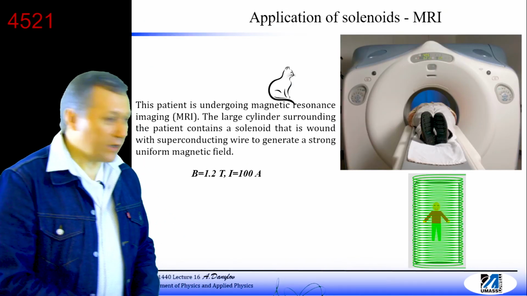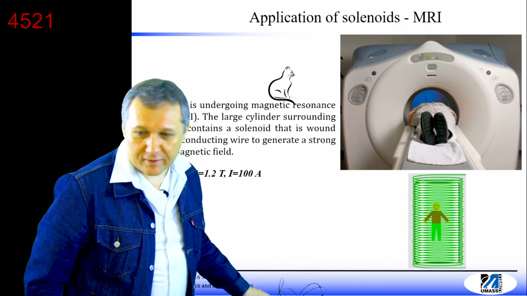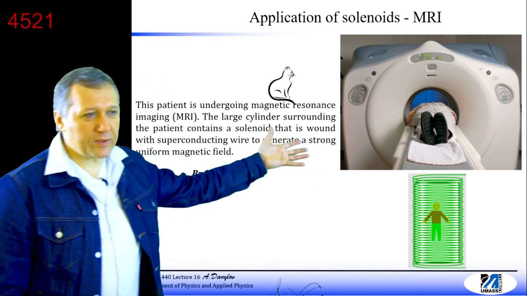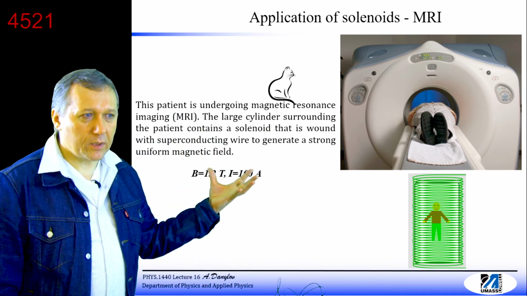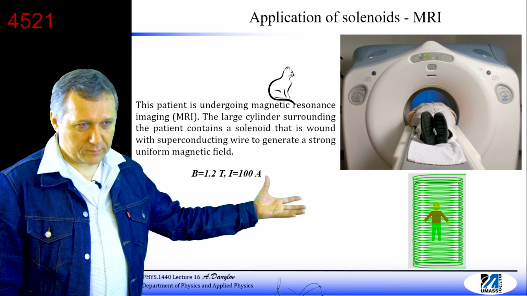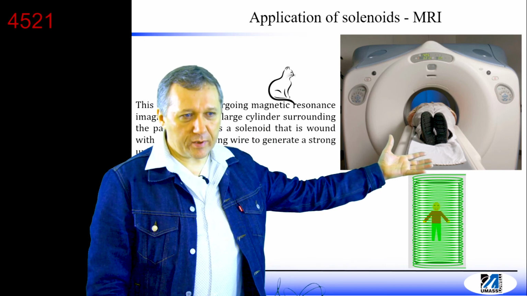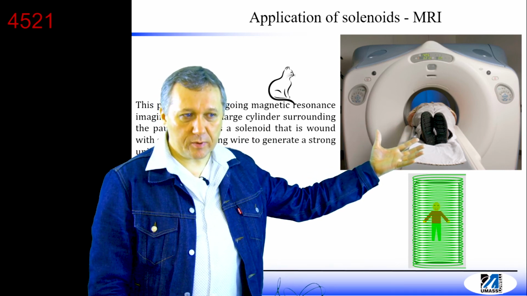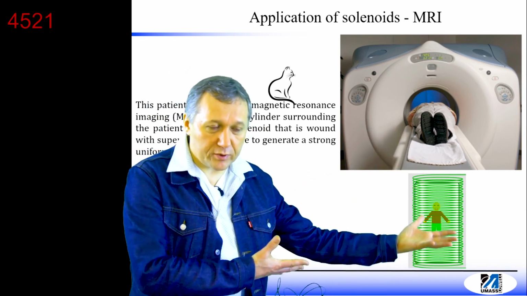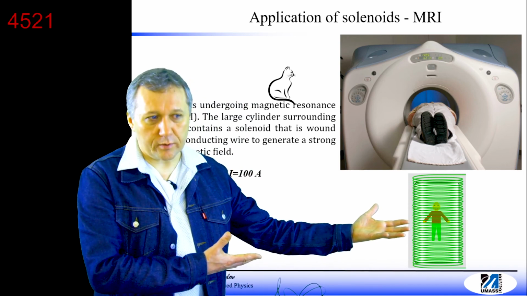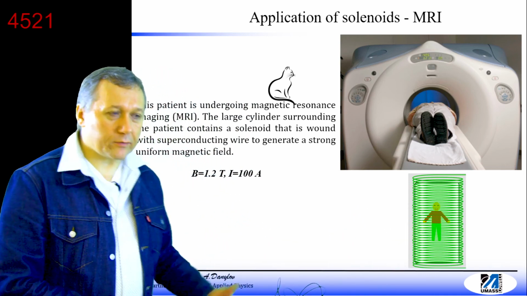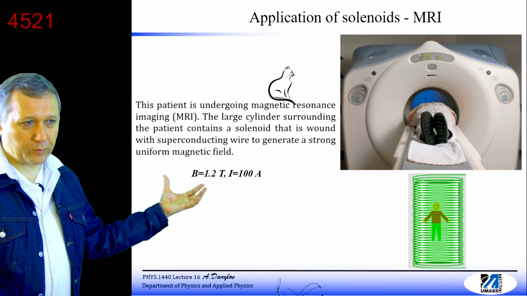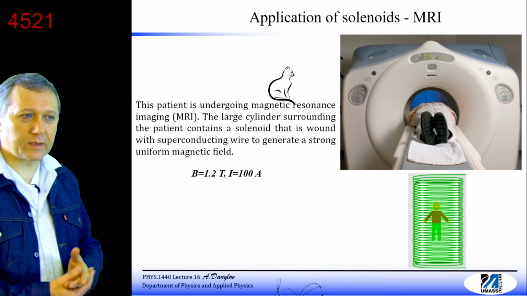Okay, so pretty much at this point, it's 8:50. Just an application of the solenoid, the most famous application, is an MRI machine. Why did this MRI machine have this cylindrical shape? Because basically the person is positioned inside of a gigantic solenoid, inside of a reasonably strong magnetic field, 1.2 Tesla, which is a strong magnetic field.